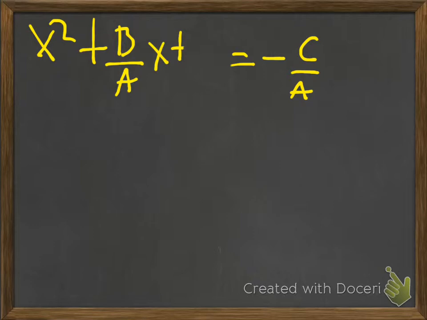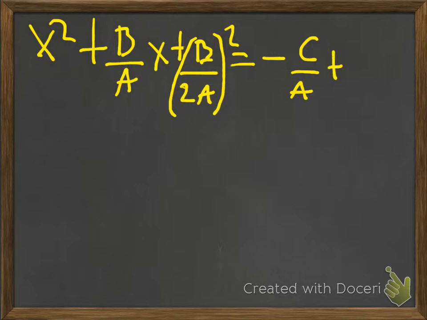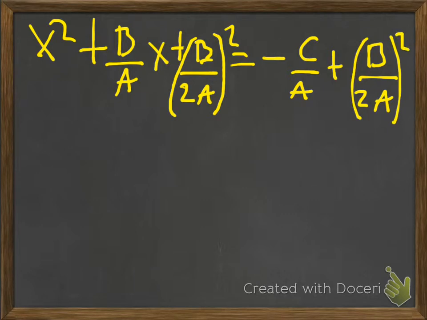So we get b, because b times 1 is b. Then a times 2 is 2a over 2. Then we add that same thing to the other side. We get b over 2a.